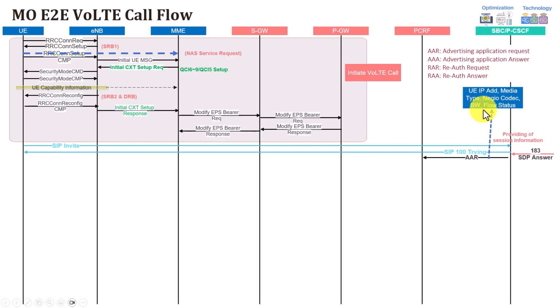The most important information is called flow status. Flow status is telling him that the flow status is still off, meaning the media has not yet been completed between both of them. The dedicated bearer has not yet been activated for terminating and originating either. So this is just informing him that the media is still off. We cannot transfer data now.